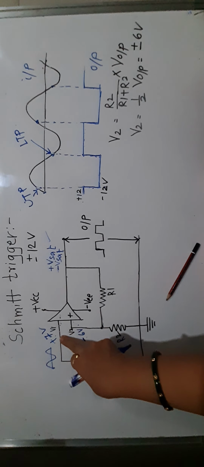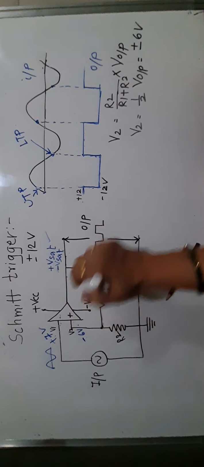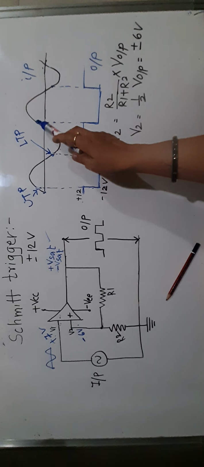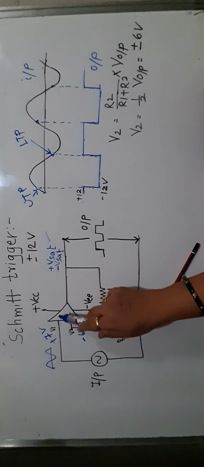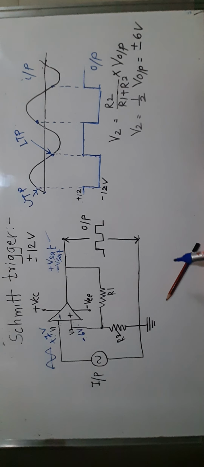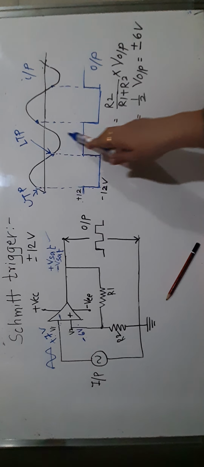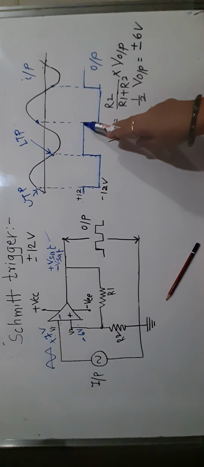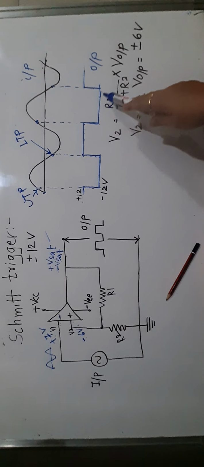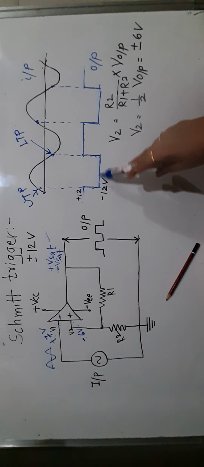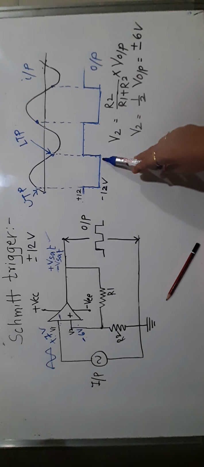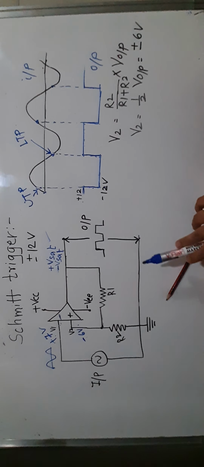So now again the output will change from plus to minus, because the voltage at the negative terminal is more positive. So again it changes from plus Vsat to minus Vsat. In this way the process is continuous and we get a continuous square wave at the output.